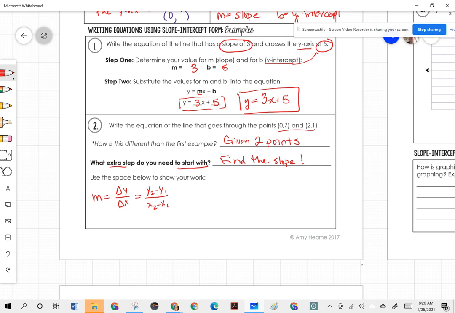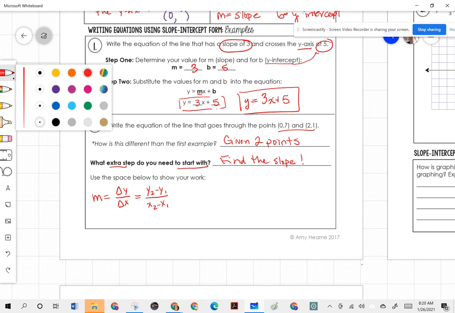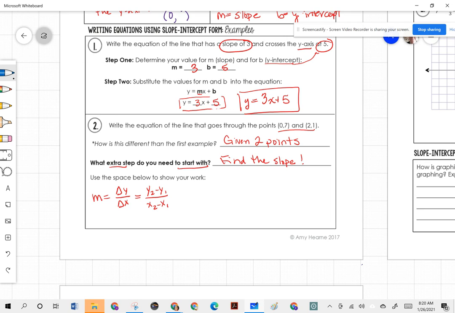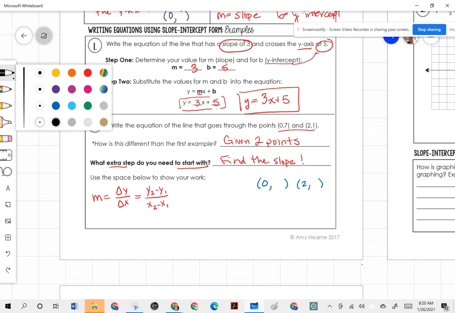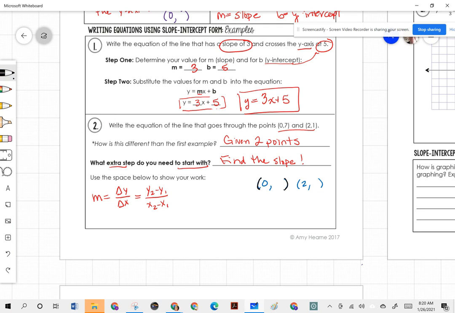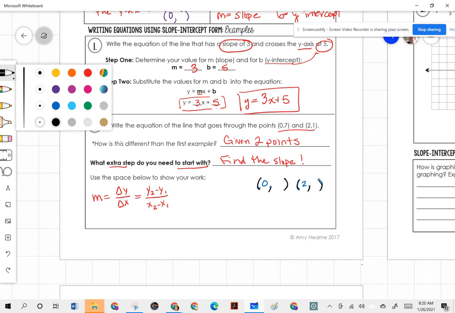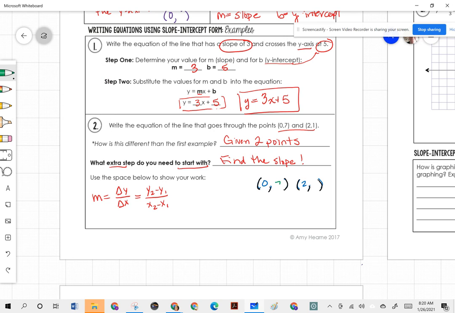So what I can do is I will go ahead and color code these. So the points are (0, 7) and (2, 1). Blue is going to represent my x, and I'll do green for my y's.